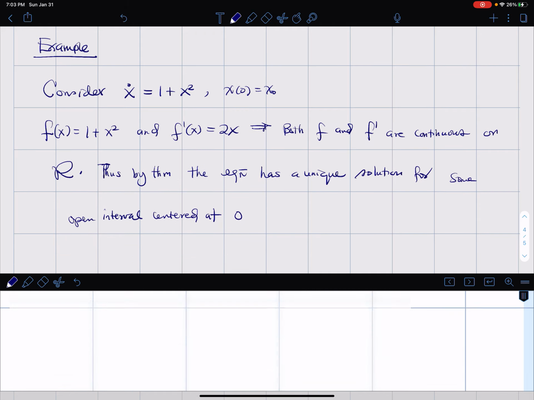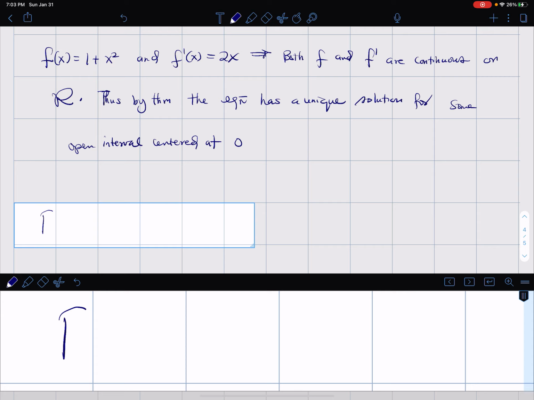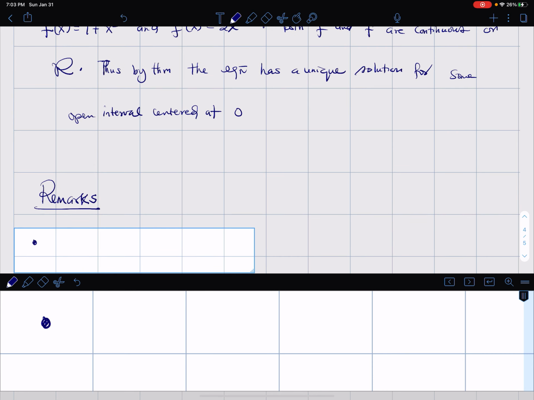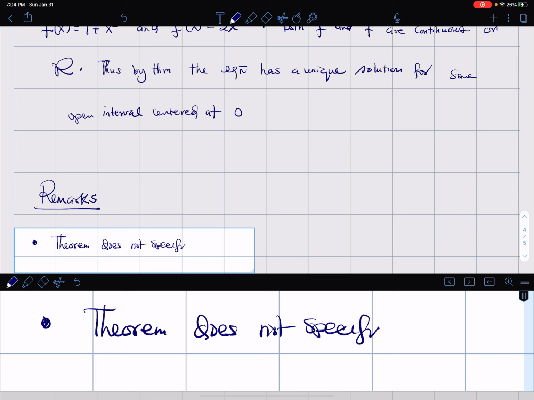Now, we have to remind ourselves of certain hidden things there. You have to note that the theorem does not specify the interval. The theorem doesn't specify the interval.